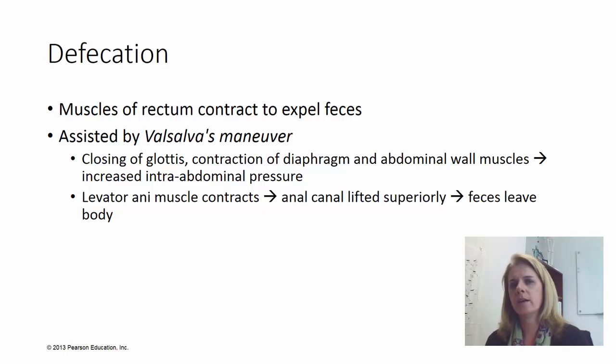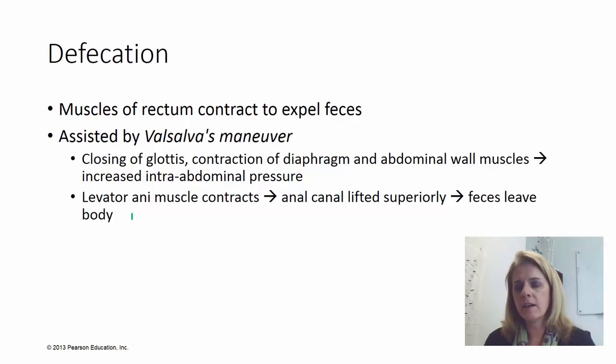And so the way we increase abdominal pressure is the Valsalva maneuver, where we close the glottis, and that increases the pressure inside of our thorax and then abdomen, because the diaphragm is going to contract. So your abdominal muscle walls are going to contract. You're going to have your glottis closed, kind of holding air in, and all that increases the pressure on the inside relative to the outside, and that will help you expel the feces to the outside.